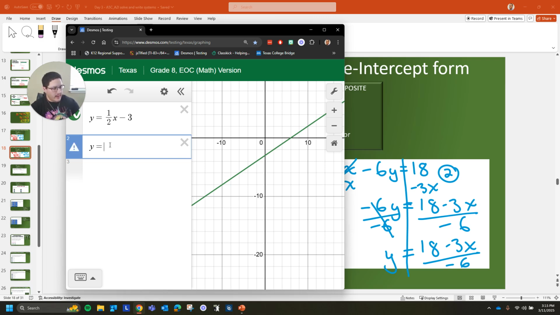Y equals 18 minus 3x. I'm going to highlight everything, hit the divide symbol, the slash, and then divided by -6. I'm going to turn off and on the line just to show y'all that they're the exact same line. So it doesn't matter which one you want to use.